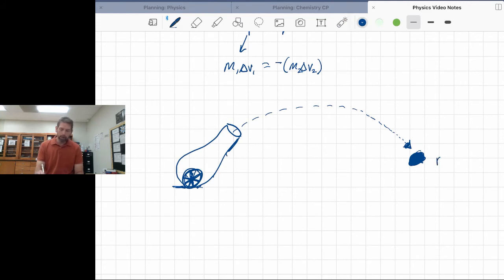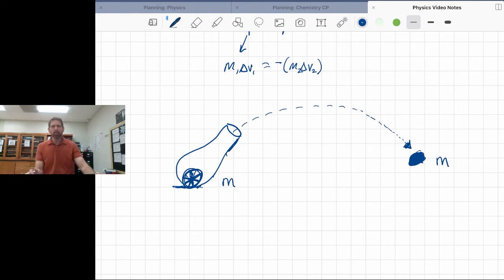The cannonball has mass. So does the cannon itself. The cannon itself, it has mass. It doesn't matter which one we call object 1, which one we call object 2, other than trying to define direction. Once we define direction, then that's when we typically assign our negative values, all right? But when you start it off, just put down what you know.